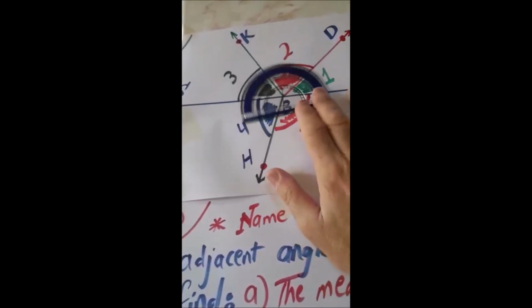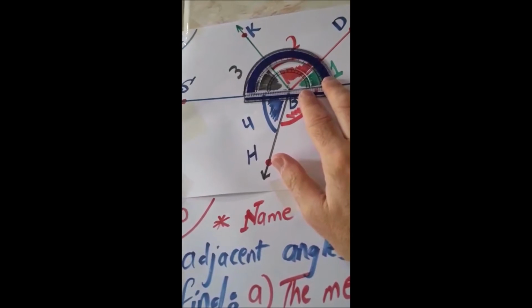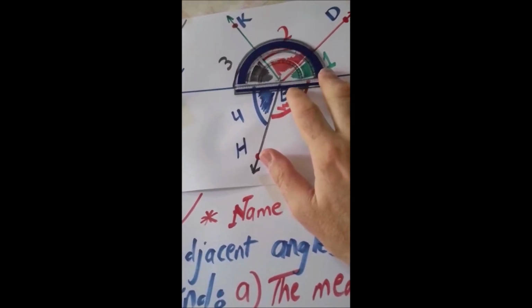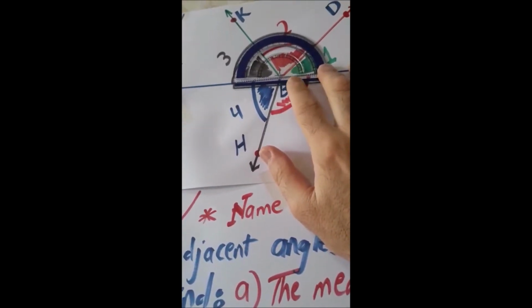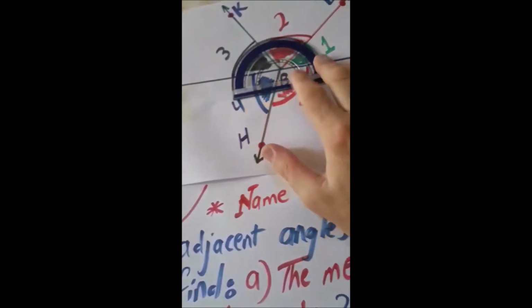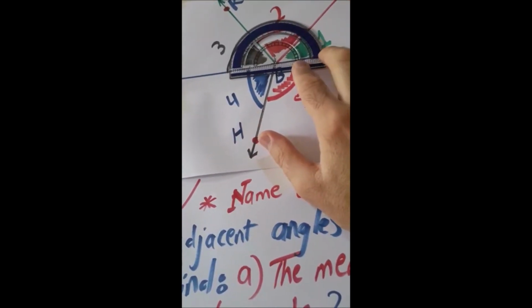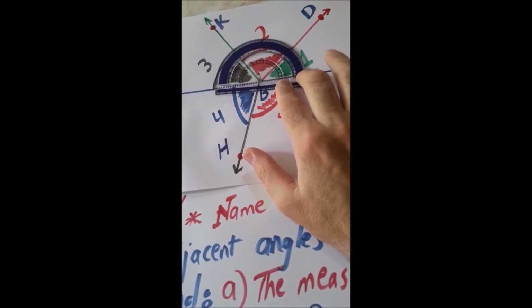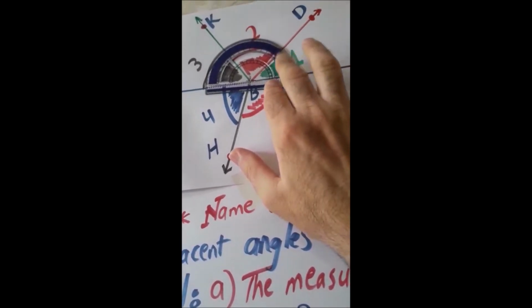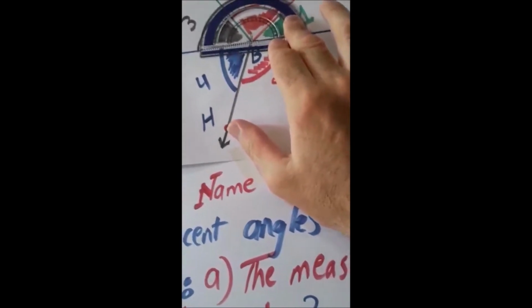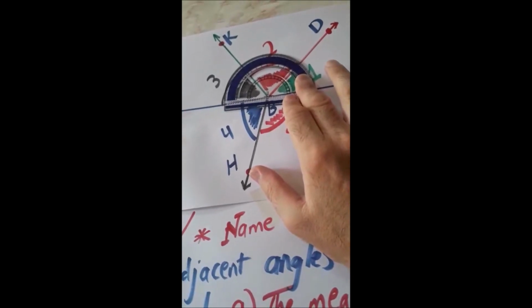And as we see before, you will put the baseline of the protractor under your line, and you will put here at the origin, and you go, as you see, if you read the red line, what? Bravo. It will measure 40 degrees.